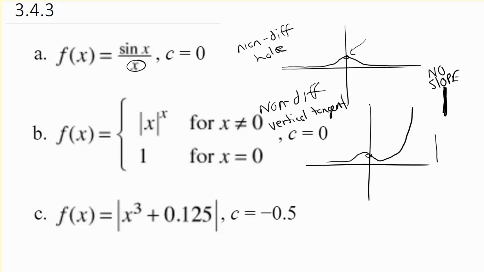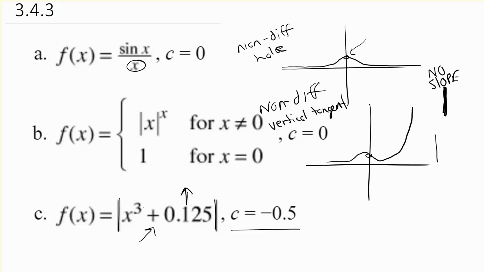I like talking about this graph because it kind of brings in our transformations idea as well. If you just had a parenthesis, x cubed plus that 0.125 in it, it's either going to go left 0.125 or maybe even up 0.125. In this case, it's really both. So specifically, we're talking about at the negative 0.5.